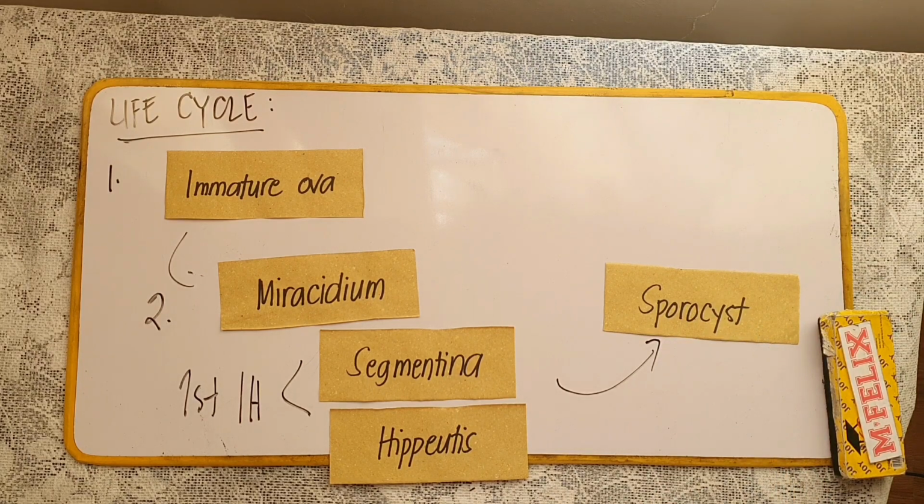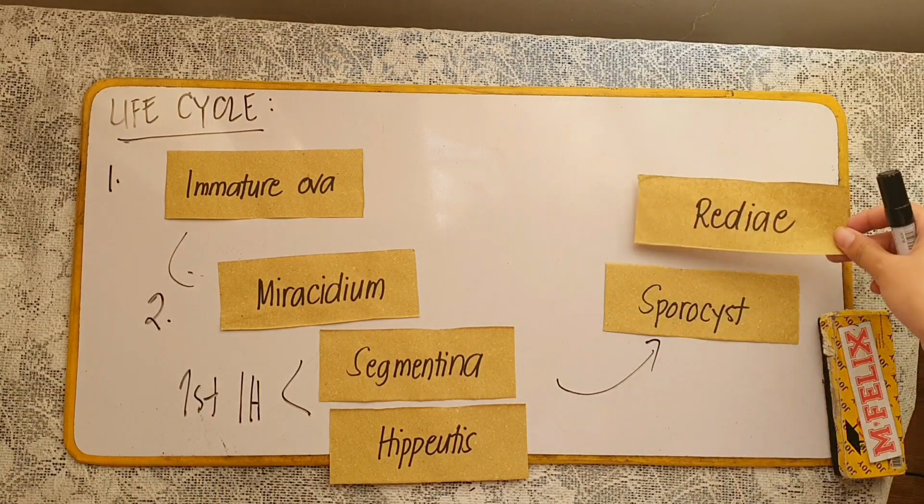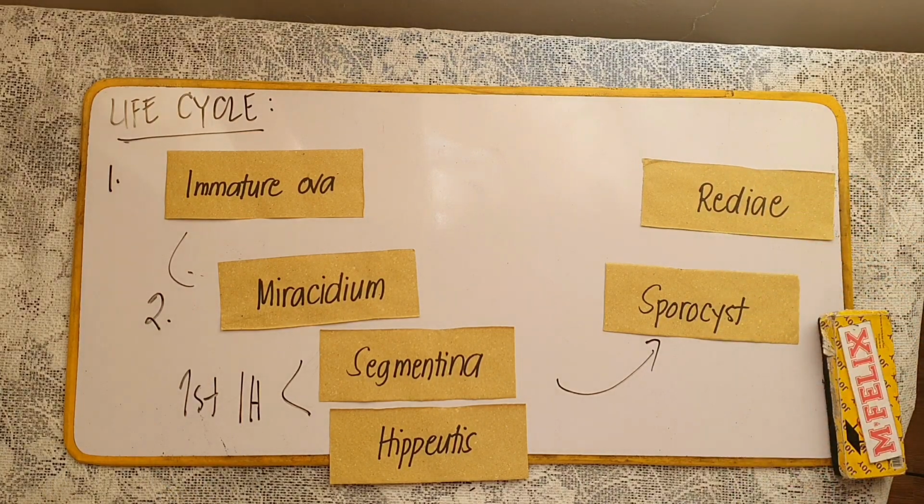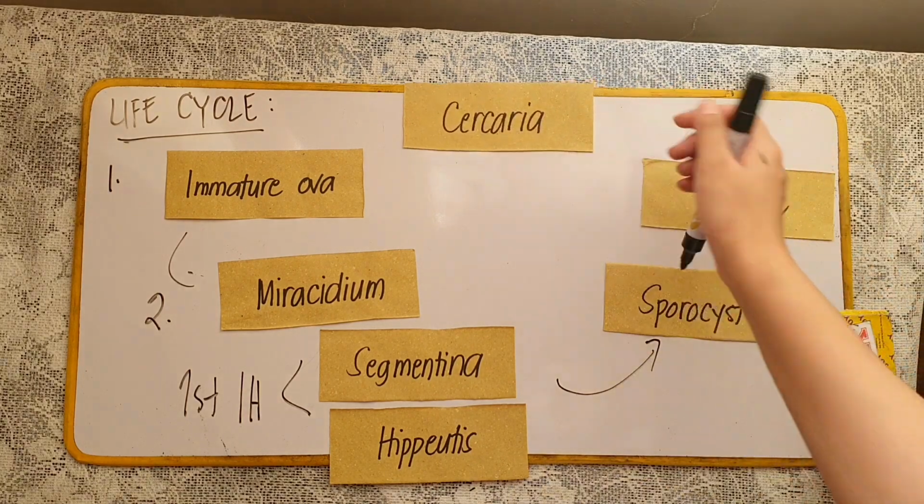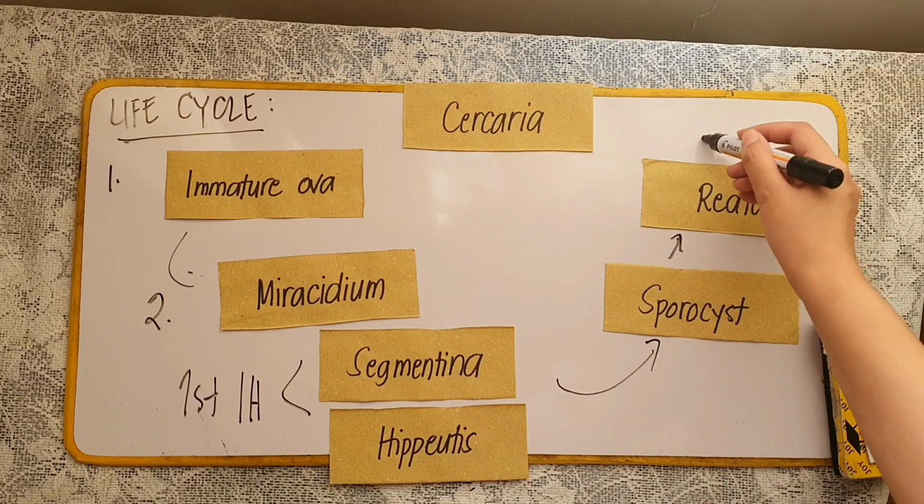Now, this sporocyst will subsequently produce two radial stages, the mother radiae and daughter radiae, and then finally it will develop into cercaria.